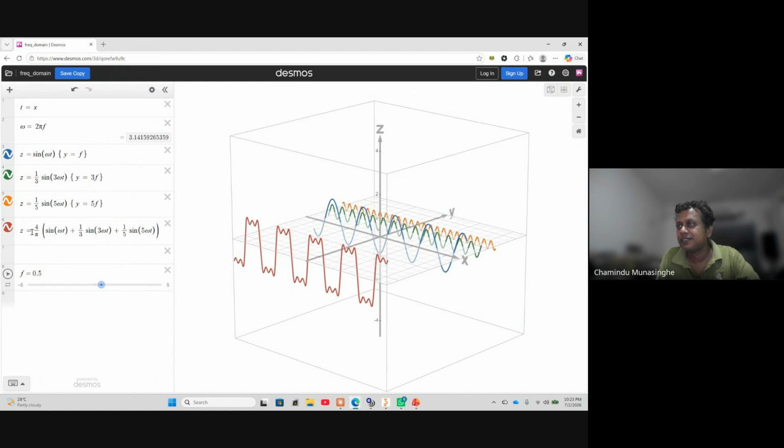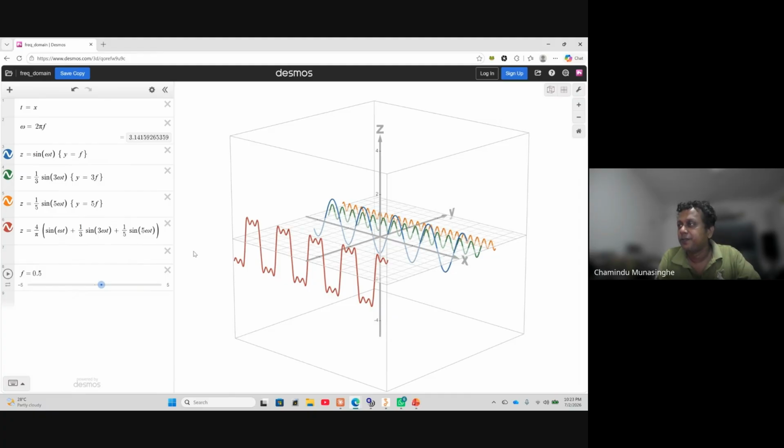This equals 4/5 times sine omega t, plus 1/3 of 3 omega t, plus 1/5 of 5 omega t. Here I use the omega notation. Omega is nothing but 2 pi f, right? To make it simpler, I use this angular velocity here. So it's nothing but 2 pi f. So this is the identical expression.